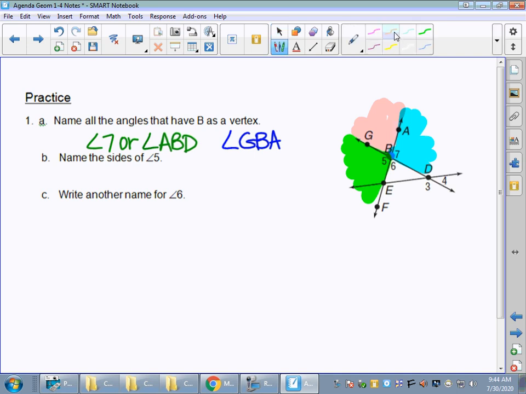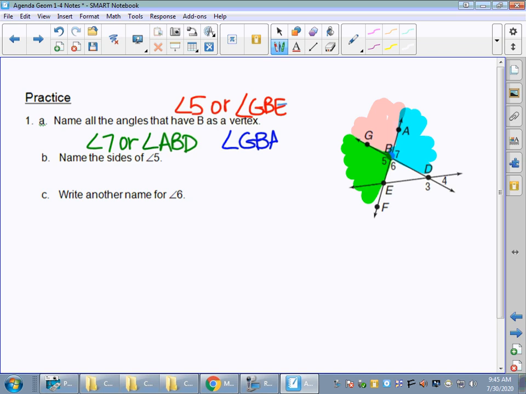So perhaps you would take the easy way and call that angle 5. If I asked you not to use a number, you might call that angle GBE, or perhaps GBF. Those would both be right. Notice there's a difference between GBE and GBA because it gives you a different direction. They both have a ray in common, GB, but the direction after that changes.